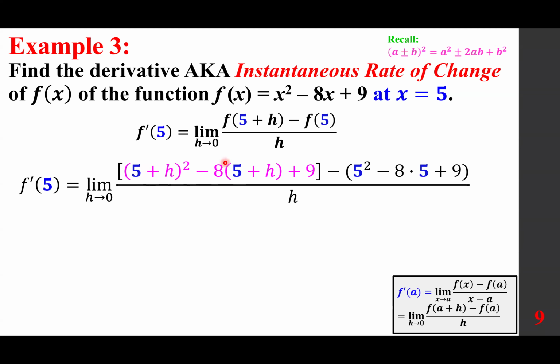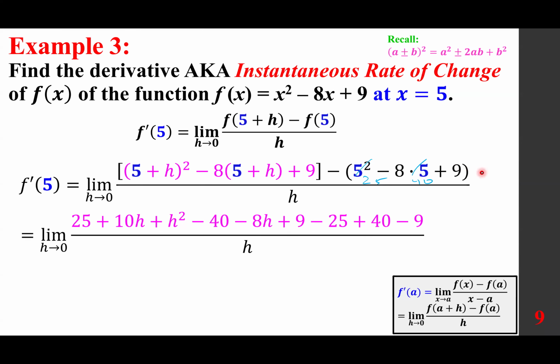Then minus 40 minus 8h plus 9. This is 25. This is 40. So minus 25 plus 40 minus 9.